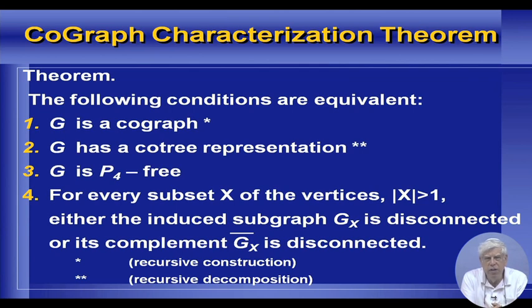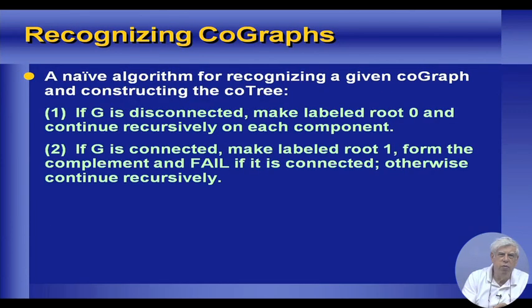And the last condition: every subset of vertices of size larger than 1, either the induced subgraph on that subset is disconnected, or its complement is disconnected. That's not at all clear why that should be an equivalent condition, but I think I would like to prove that.